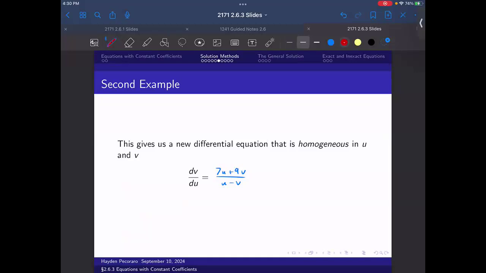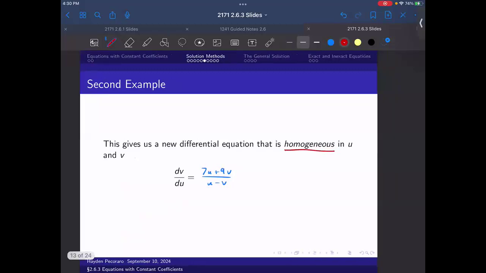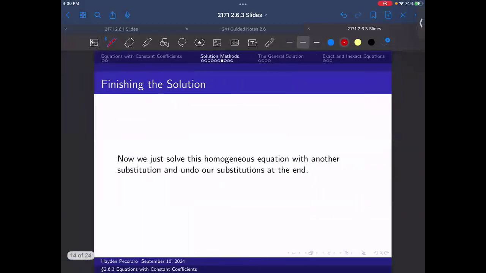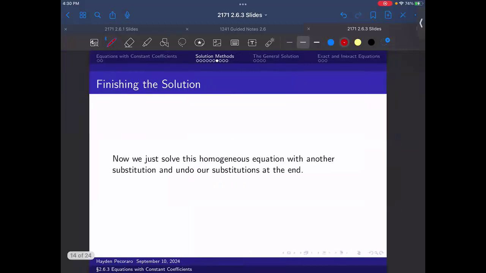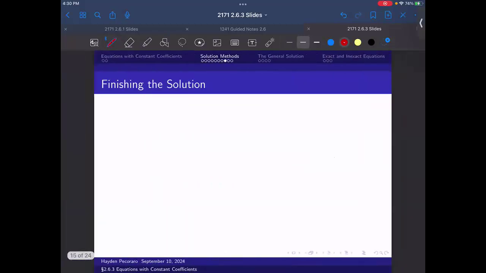And note, that's homogeneous in u and v, whereas the first equation in x and y was not. Now we just have to solve this with another substitution and then plug everything back in at the end. This might take a little while, but you can do it. So let's finish that off real quick.